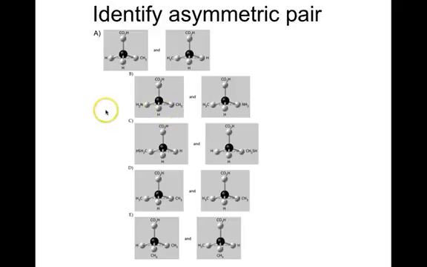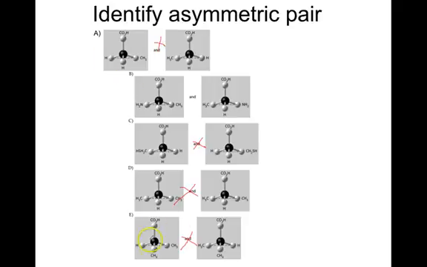So yes, pair B, they have an asymmetric carbon. Let's see C, no, they have two hydrogens, so they do not satisfy the rule for becoming enantiomer pairs. D also does not, because this is CH3 and this is also CH3, guys. So this is not even an asymmetric carbon. Asymmetric carbon not there, not there, no asymmetric carbon in this pair, none in this pair.